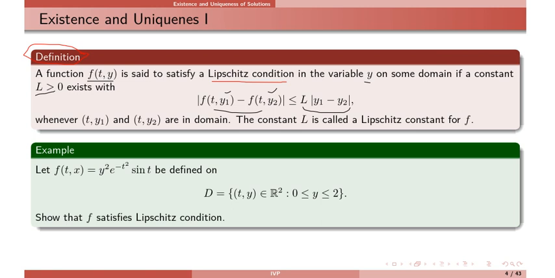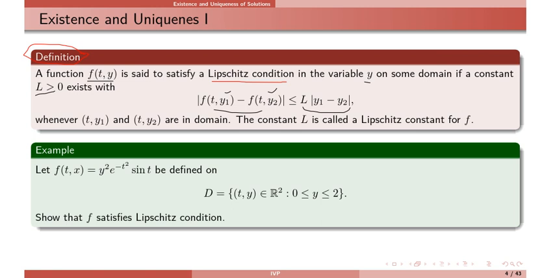So if you can write any function in this form, relating the difference f(t, y1) minus f(t, y2) with y1 minus y2, then we say that this function f satisfies a Lipschitz condition, and this constant L is called the Lipschitz constant. And if you cannot write it, then we say that the function is not Lipschitz.